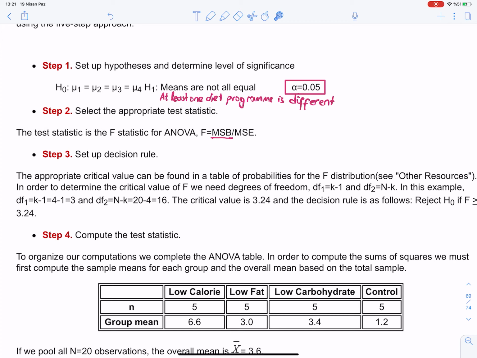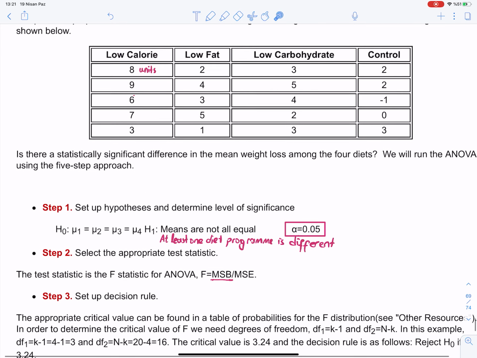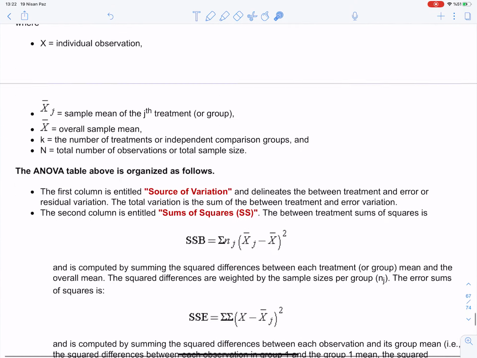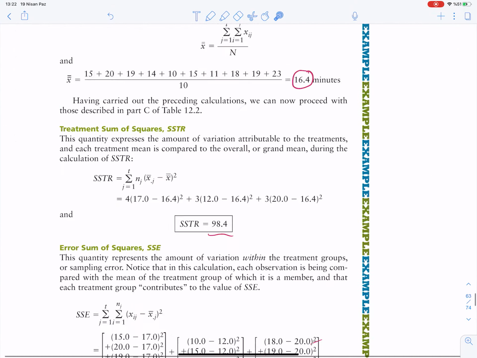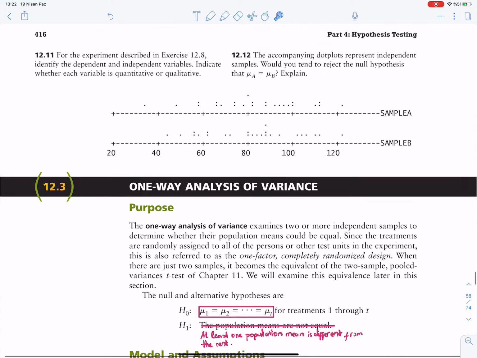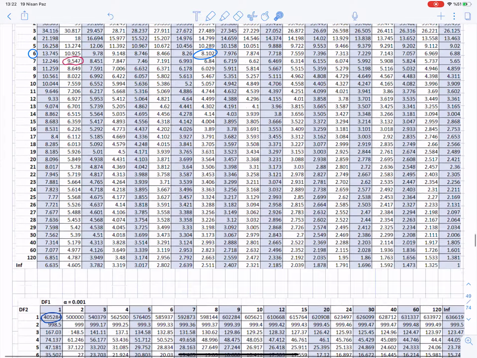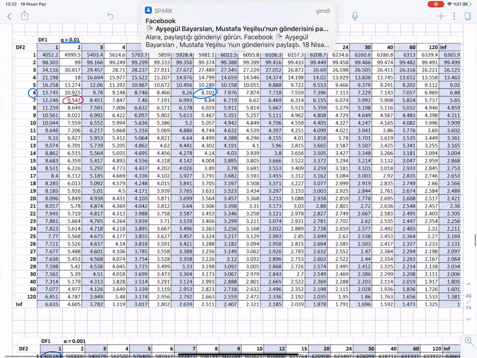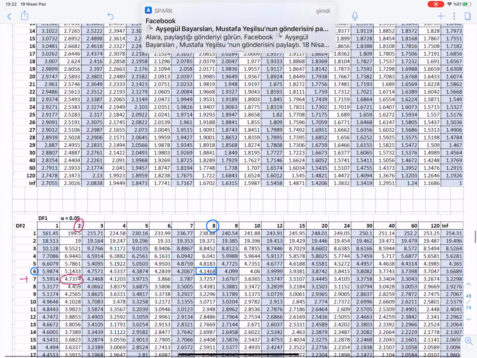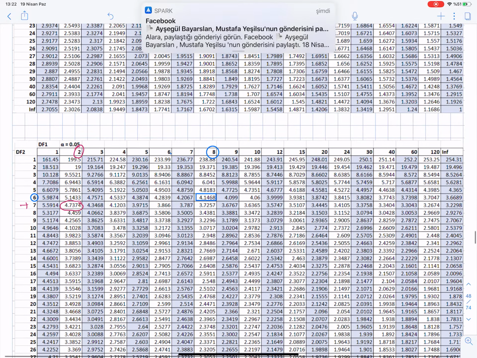The critical value is 3.24. Let's see how this is obtained. I'm going to go back to the F distribution table from the previous week, which you will have in your lecture notes. See that this is alpha level 0.01 and this is 0.05.